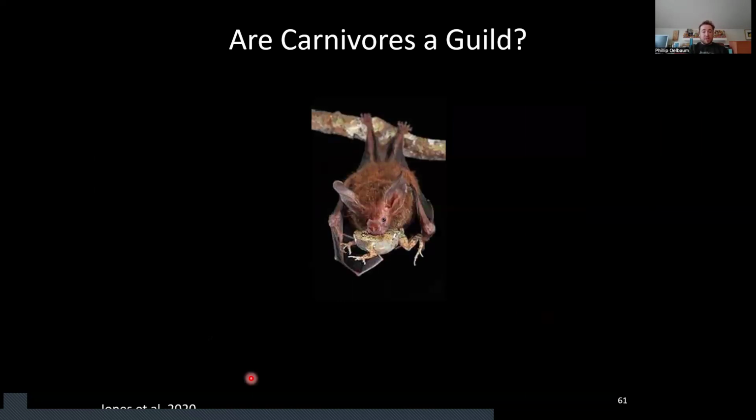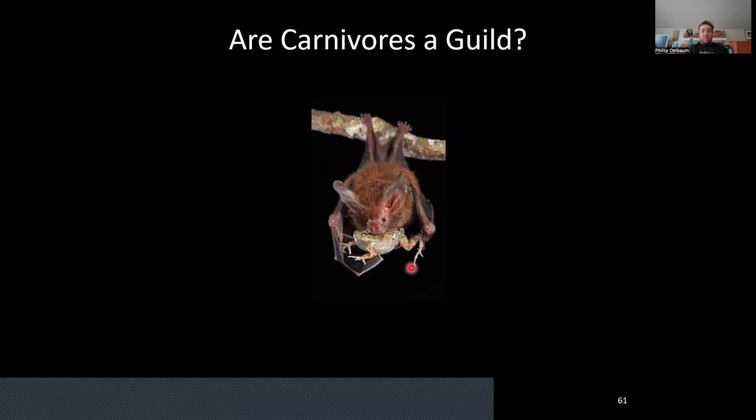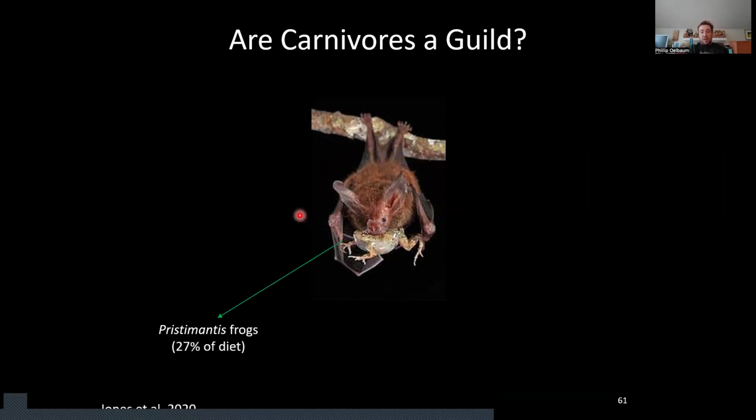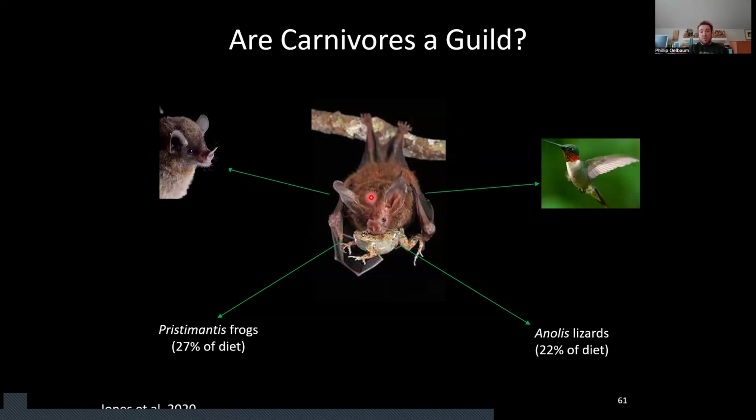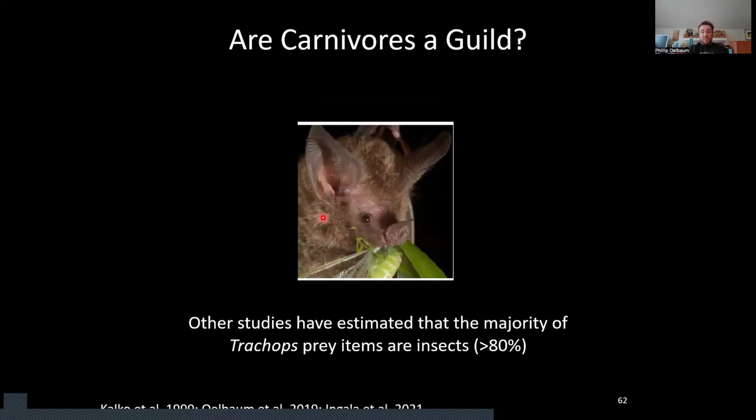Whereas there was the study by Jones et al., which described the diet of these frog-eating bats and found that, okay, yes, 27% of their diet came from frogs, but they're also eating a substantial number of Anolis lizards, 22%, and the remaining diet was other bats or even hummingbirds. So this is a carnivorous bat, but it's eating a lot more than what it's typically described as.